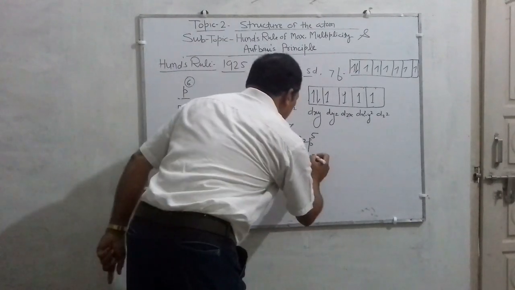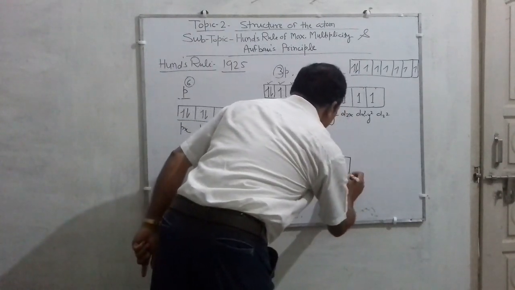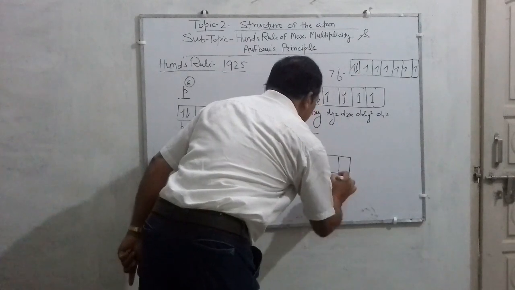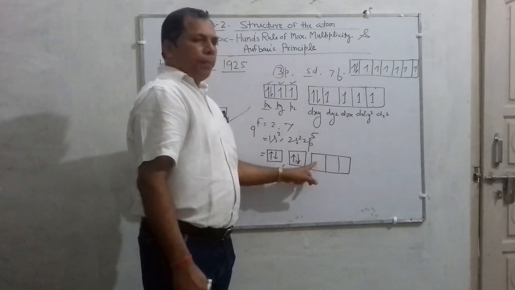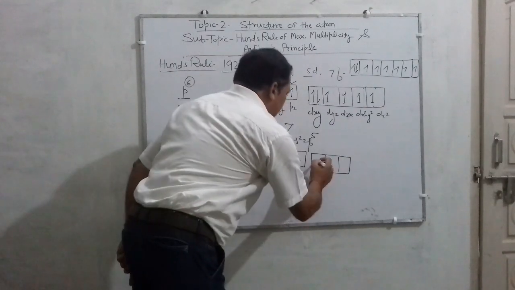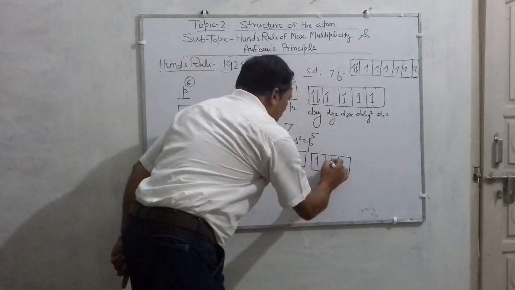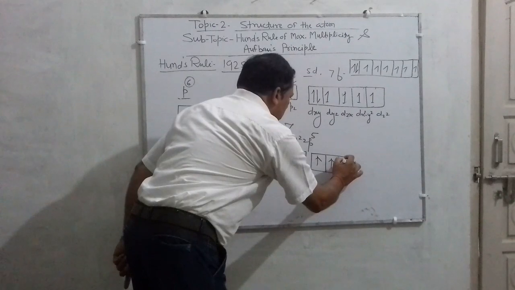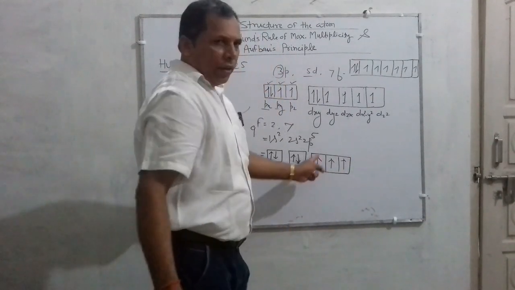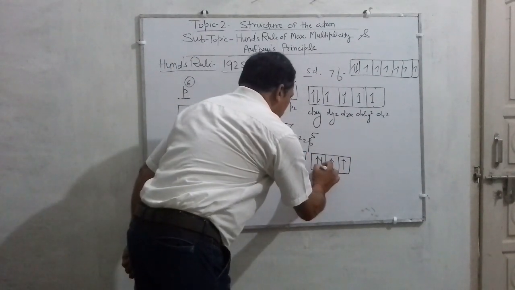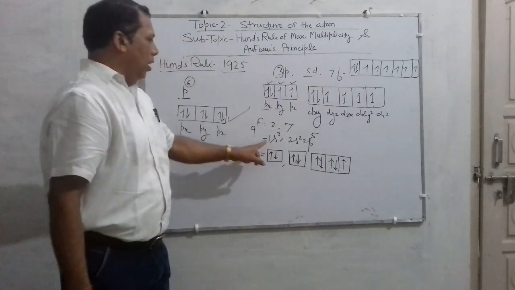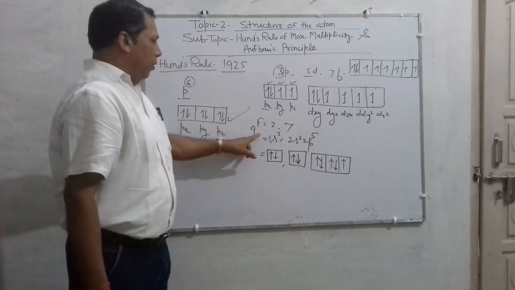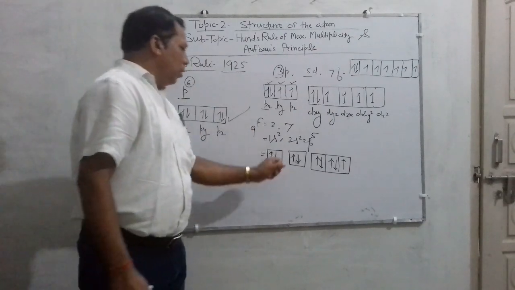And the rest, there are p5. So p orbitals are of 3 kinds, and these 5 electrons of p orbital will go as such. First they will go 1 electron each, that is 3, and the rest 2 electrons will go on the opposite side. So this will be the configuration of the element fluorine according to Hund's rule.